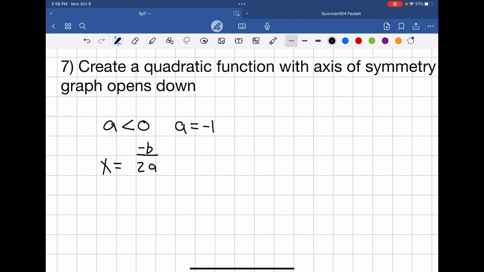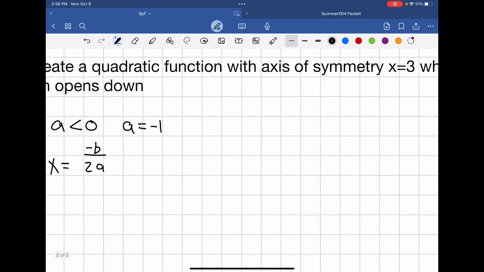Well, we just determined what our a value is going to be, then we have our x. So we have one equation and one unknown. So 3 is equal to -b, because we don't know our b value yet, over 2 times -1. Now we just have to solve for b.